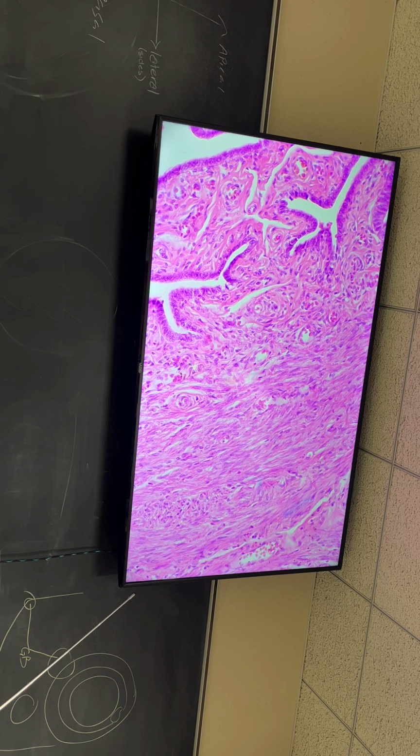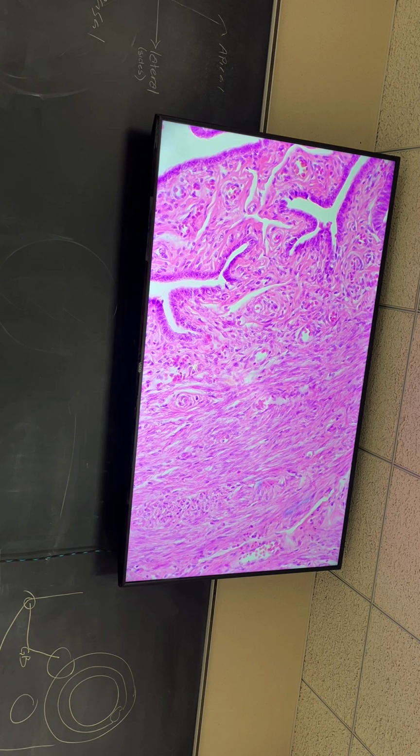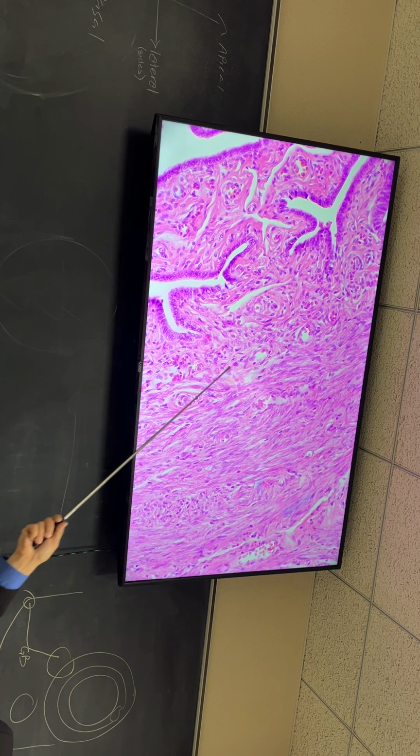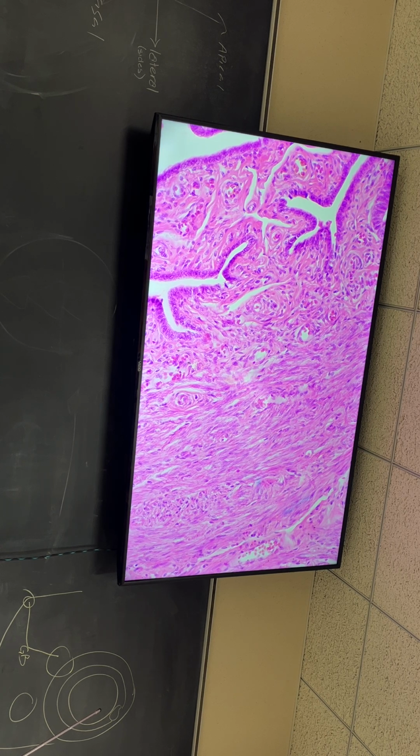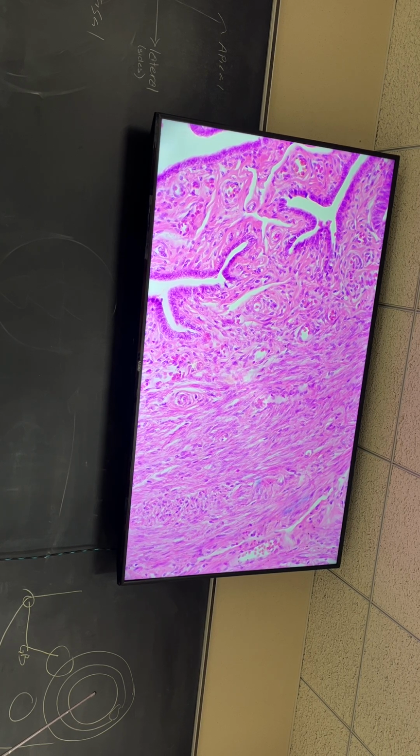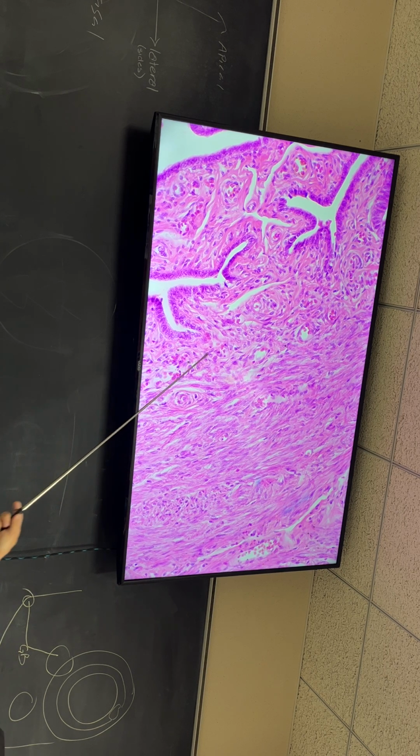So is there not really a muscularis mucosa? There's not really a muscularis mucosa, right? And there's not really a submucosa, right? Notice there's no real submucosa here. Technically, this area here would be the submucosa, but there's not really any layer there.